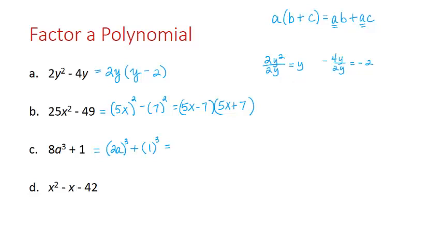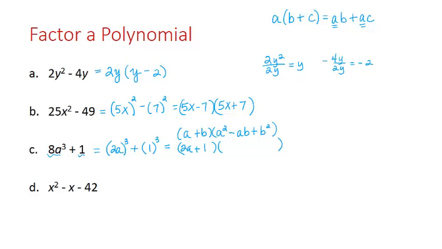So this is where I'm going to apply that pattern that would be helpful if you memorize: a plus b times a squared minus ab plus b squared. So my a and b are what do I have to cube to get the original terms? And that was 2a plus 1.